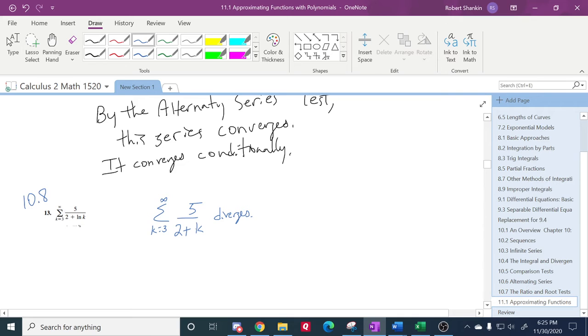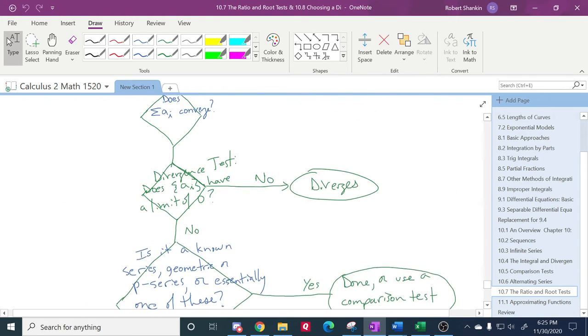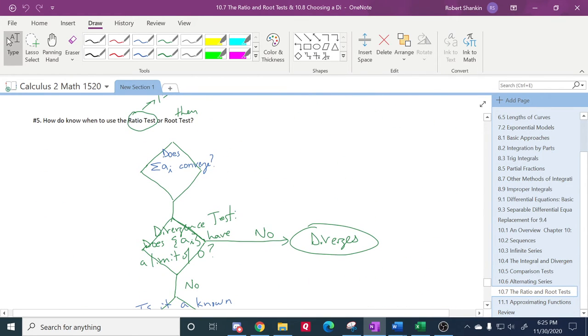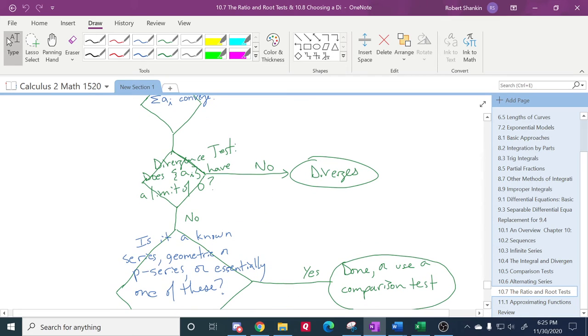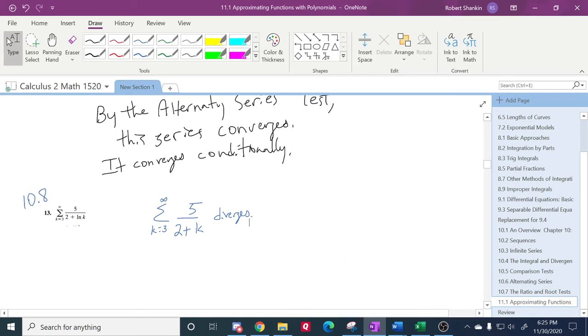All right, so again, the flow chart. It passes the divergence test because the bottom keeps getting bigger and bigger and the top's stuck at 5.